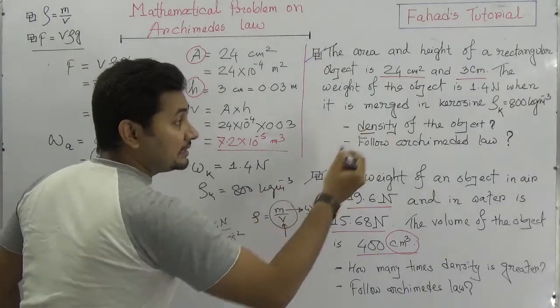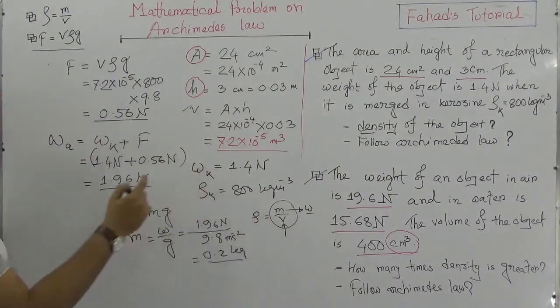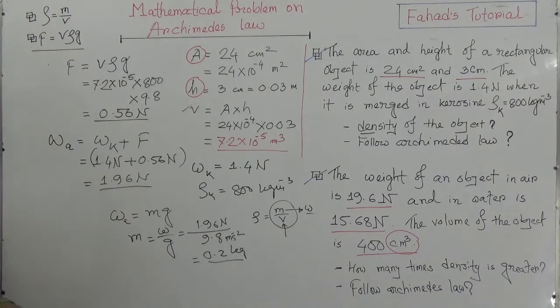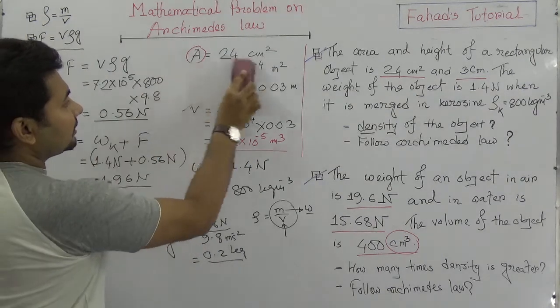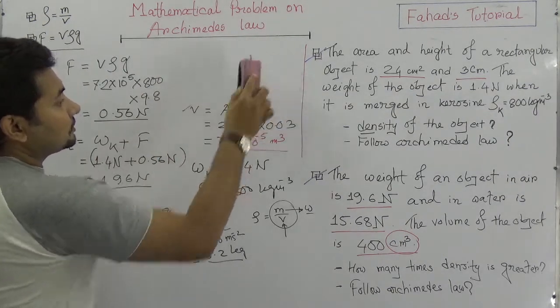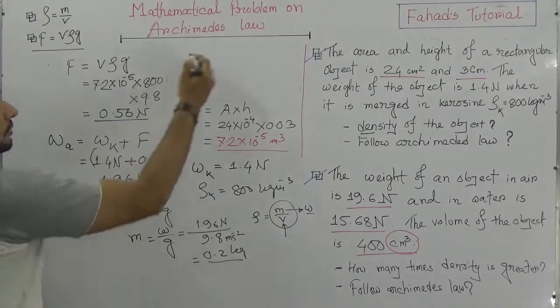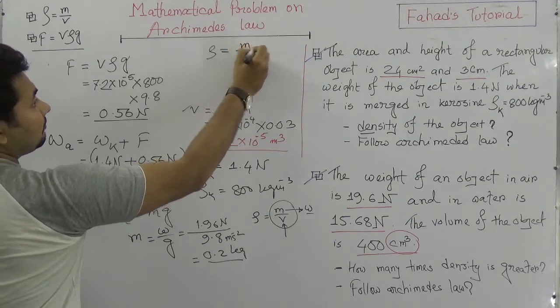Now the question is the density. So rho equals m by v.